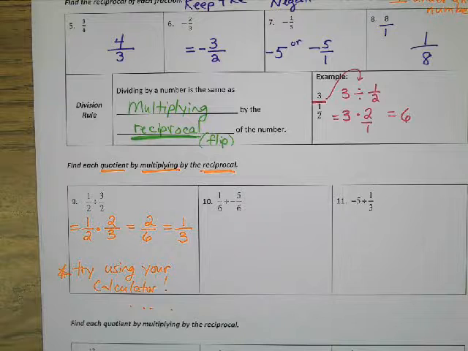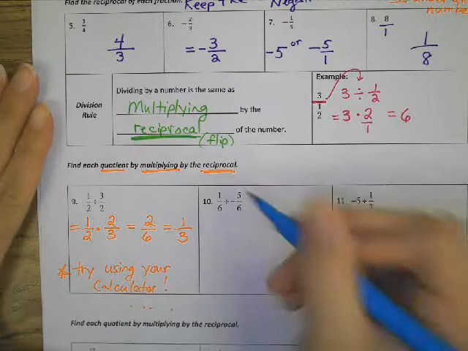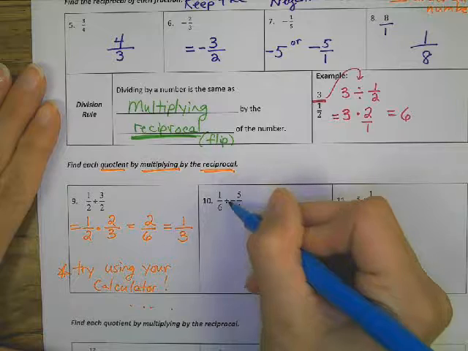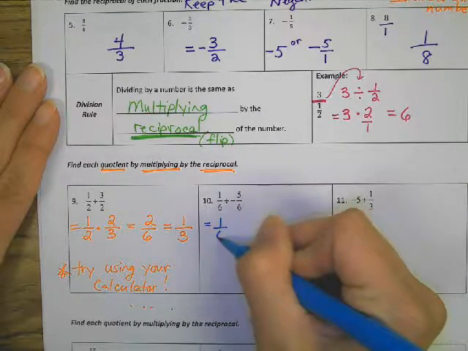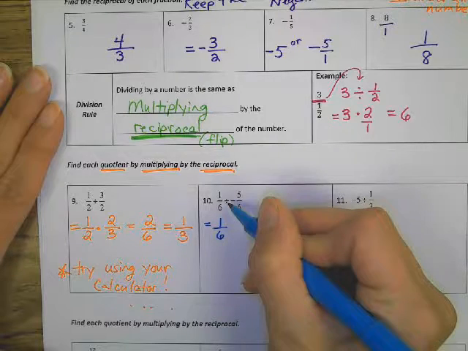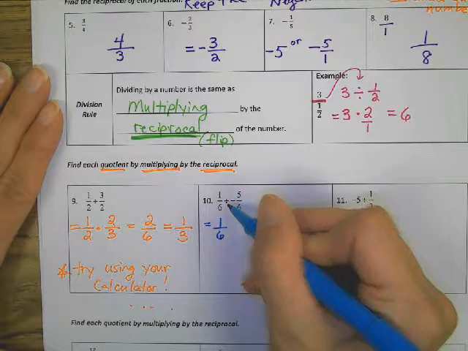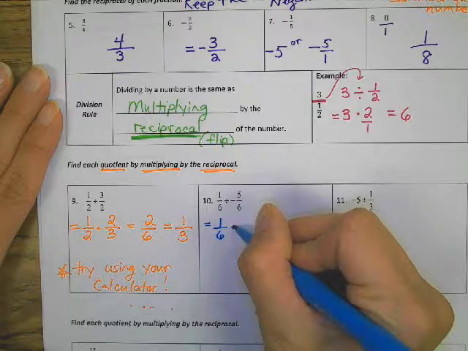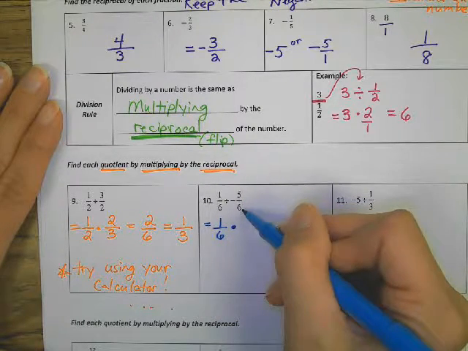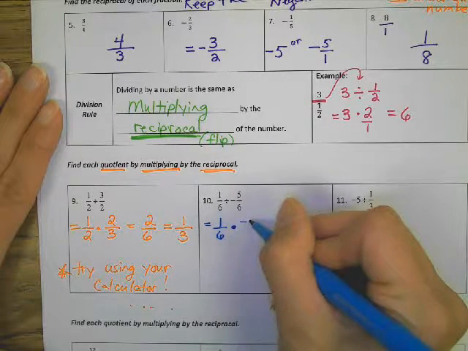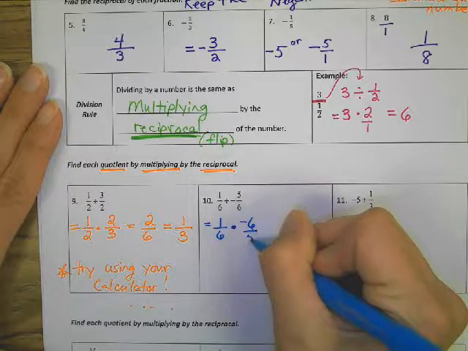Okay, number 10. All right, here we go. We have to change. The first fraction, you would leave it alone. The divide sign is going to change into a times sign. And -5/6 changes into -6/5. What's a positive times a negative going to be?